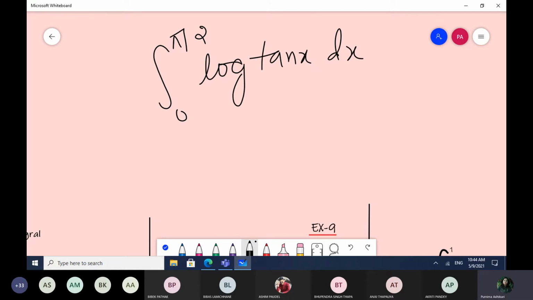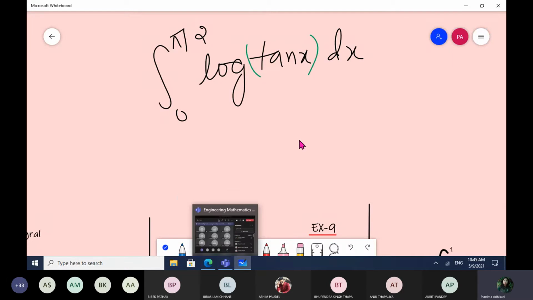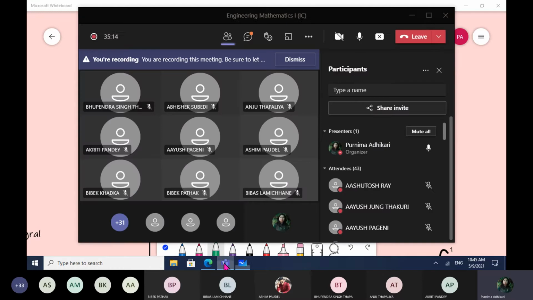I will ask one of you for your result. Integral of log 10x dx, so your function is log 10x. I'm giving you a little bit of time. Integrate this, very easy, and give me the result.